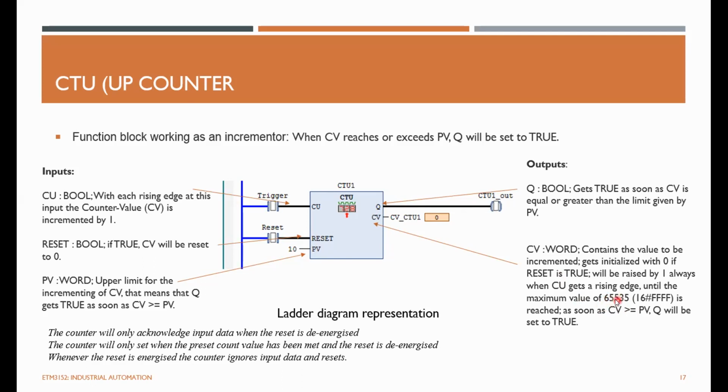If the upper limit is reached, it will either decrease or start from 0. So be careful when you're reaching this maximum level: either you have to reset and start from the beginning, or bypass that signal to another counter, or you can cascade the counters as well.